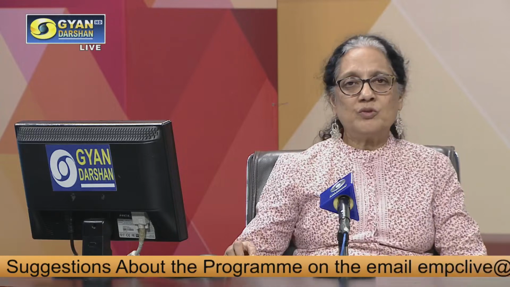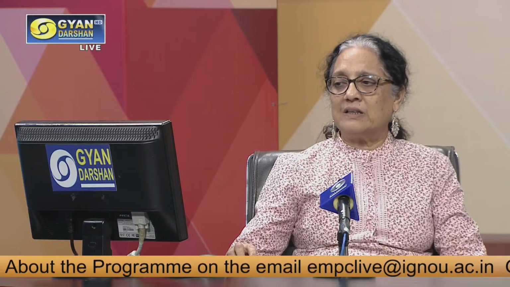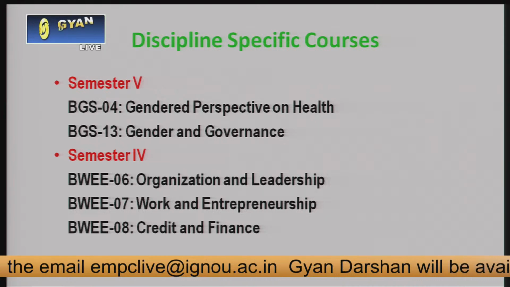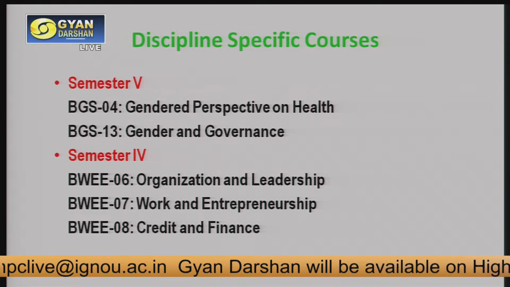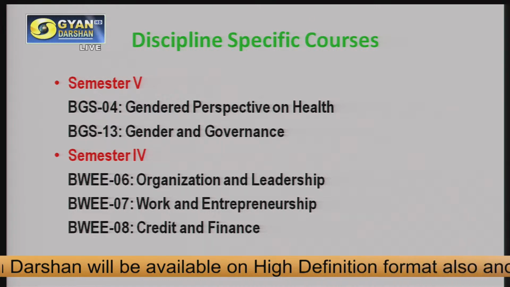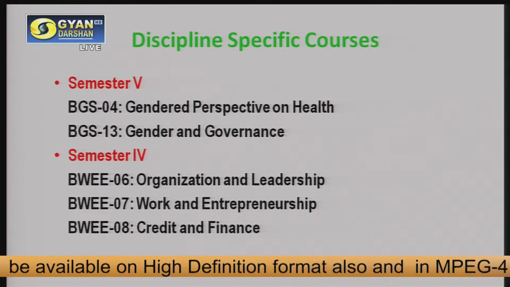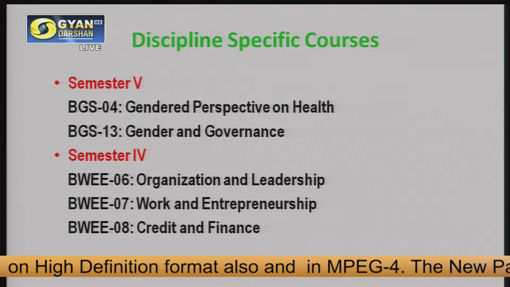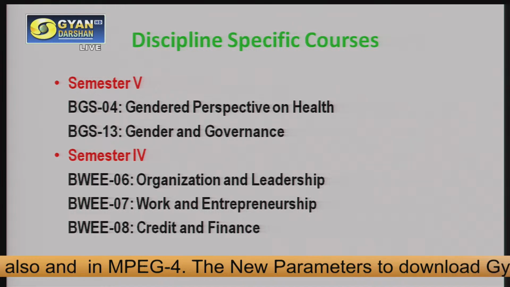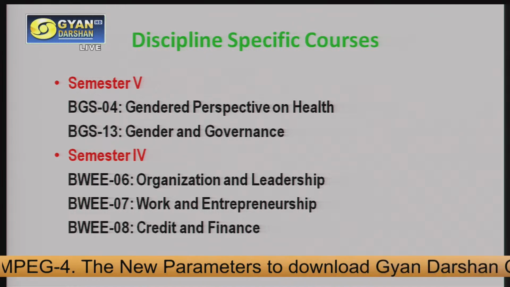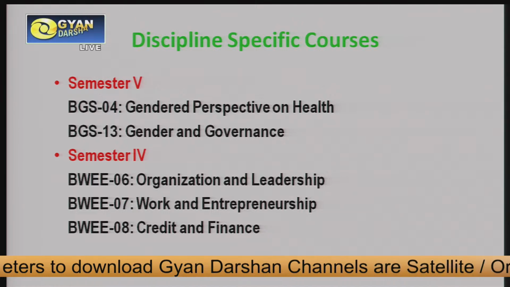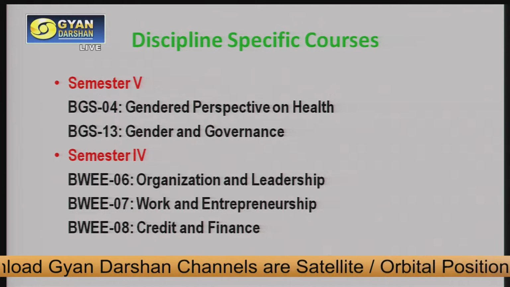Now we move to the other courses which are specific to the discipline of gender. In semester 5, you will read Gender Perspectives on Health. The course code for this is BGS 04, whereas the other course is Gender and Development, BGS 13. These two courses have been drawn from the discipline of Women and Gender Studies.